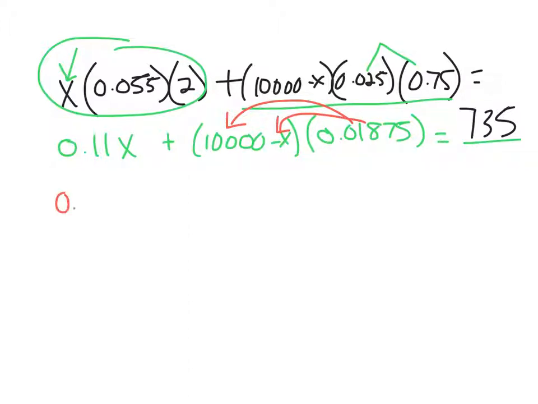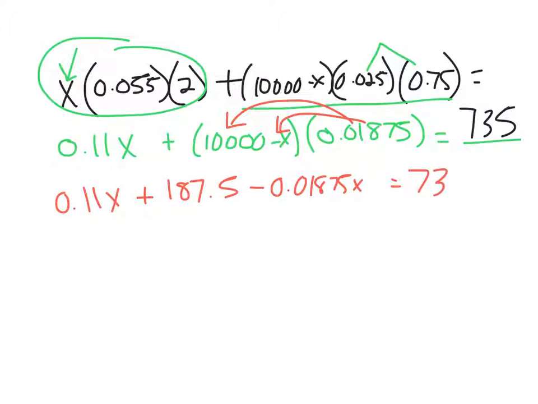Leaving 0.11x where it is, plus, now let's distribute: 0.01875 times 10,000 is 187.5, and then 0.01875 times x is just 0.01875x. I'm going to subtract, since that's the symbol between the 10,000 and the x, so subtract 0.01875x. And that is all still equal to 735.